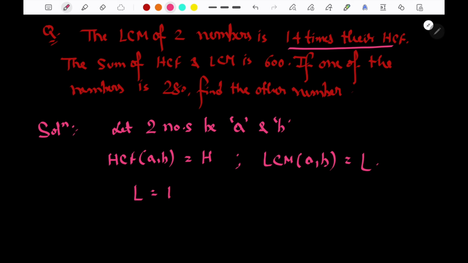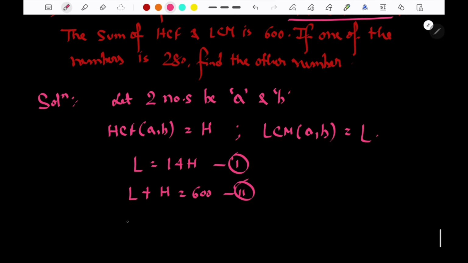So L is equal to 14H. Equation first. Sum of HCF and LCM, L plus H is 600. Second. Now if one of the numbers, suppose say A, is given as 280, we have to find the other number. Now from 1 and 2, if I substitute 14H here, so 14H plus H will be equal to 600.